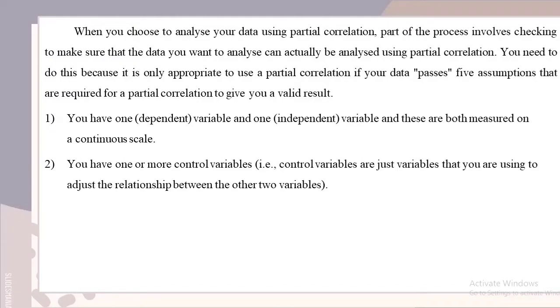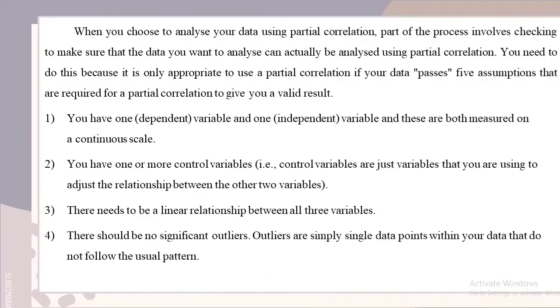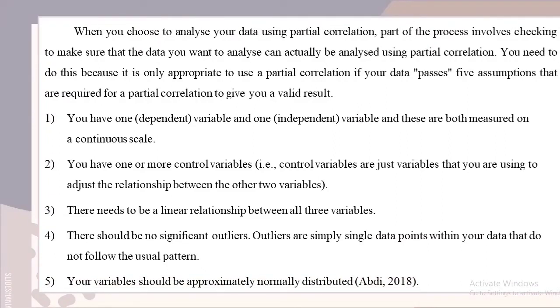The third is there needs to be a linear relationship between all three variables. The fourth is there should be no significant outliers, and outliers are simply single data points within your data that do not follow the usual pattern. The fifth is your variables should be approximately normally distributed, according to Abdi 2018.